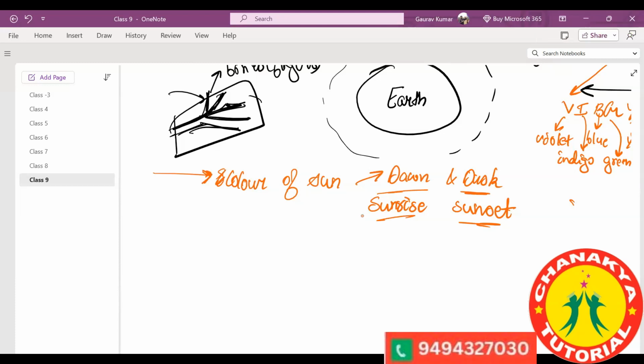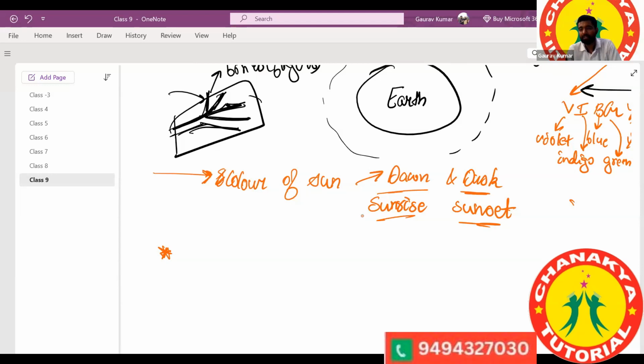Actually, sir, it depends on the eye capacity. Actually it is white color, but our eye sees it orange because it cannot take in the light. Okay, good, exactly, Sriram. Good. Manasvi, we will discuss this in next class.